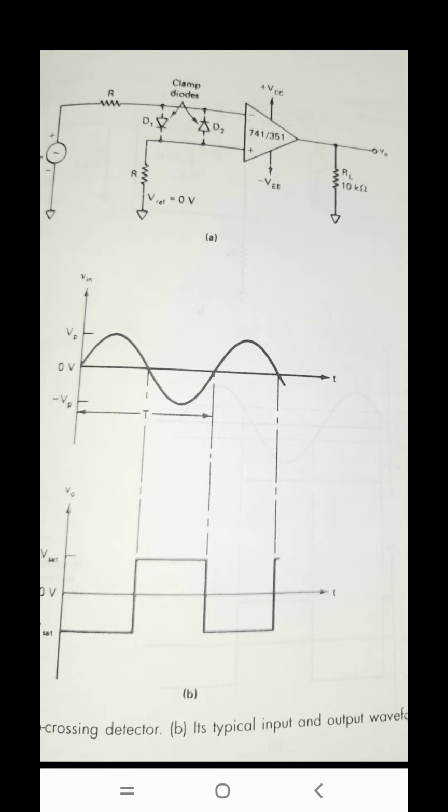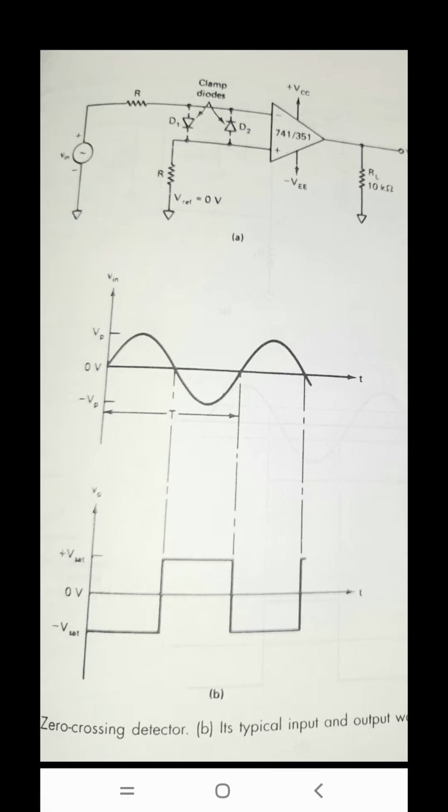On the other hand, because of the noise at the op-amp's input terminals, the output V0 may fluctuate between two saturation voltages, plus Vsat and minus Vsat, detecting zero reference crossings for noise voltages as well as Vin.